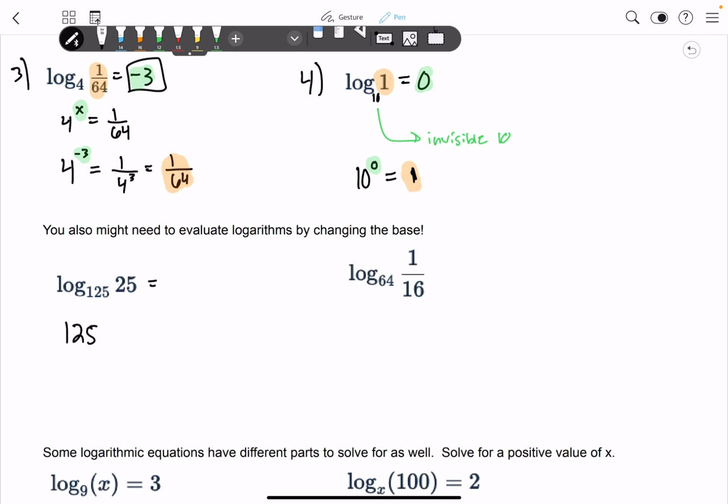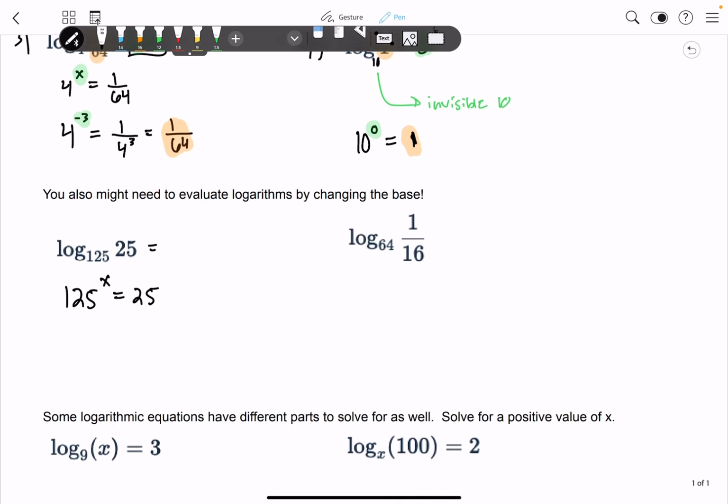So the base is 125 raised to some power, and it needs to be equal to 25. Remember from our exponent rules, we're allowed to split this up by finding a number that we can raise to a power that will give us 125. So in this case, 5 raised to the third power is the same exact thing as 125. And then we just add that x in there, that x that was in the exponent before. I'm writing this as an x because remember that logs are always equal to exponents. So we're trying to figure out what that x is.